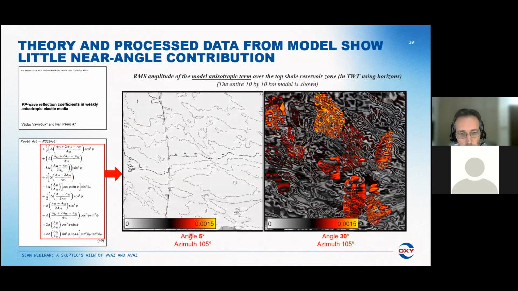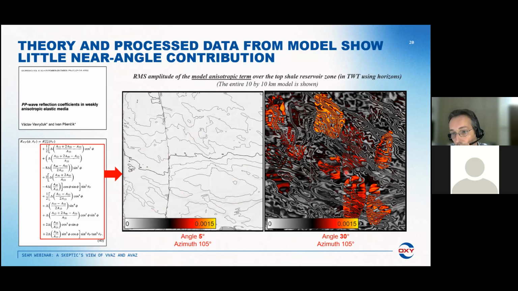I'm just going to look at the map of this term at one single azimuth, just for argument's sake, at an azimuth of 105 degrees, with north being 0 and positive going clockwise. When I look at incidence angle 5 versus incidence angle 30, and I scale those maps the same way, using the RMS of that term over that first shale reservoir zone, the contribution of the near angle is negligible.